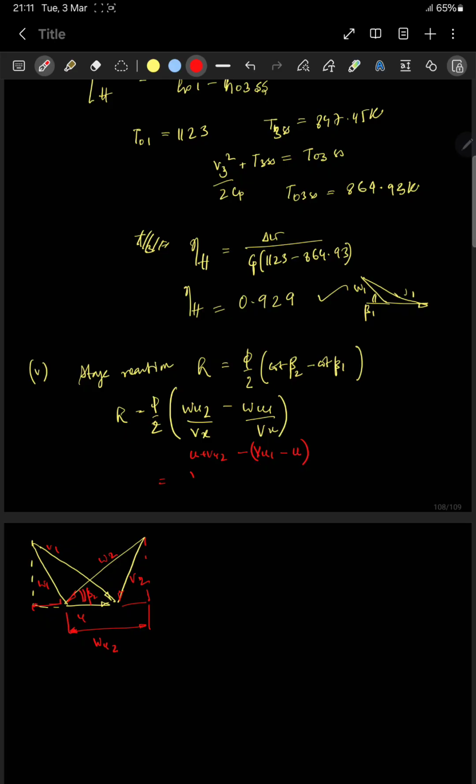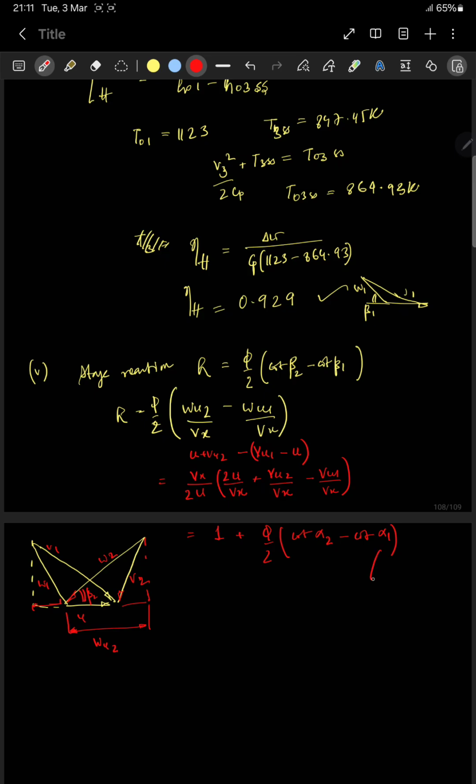And phi is Vx by U. Twice U by Vx plus VU2 is 1 plus phi by 2 into cot alpha 2 minus cot alpha 1.